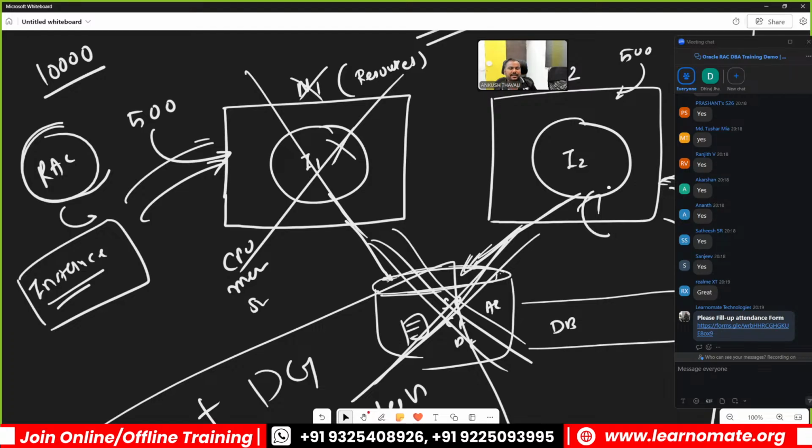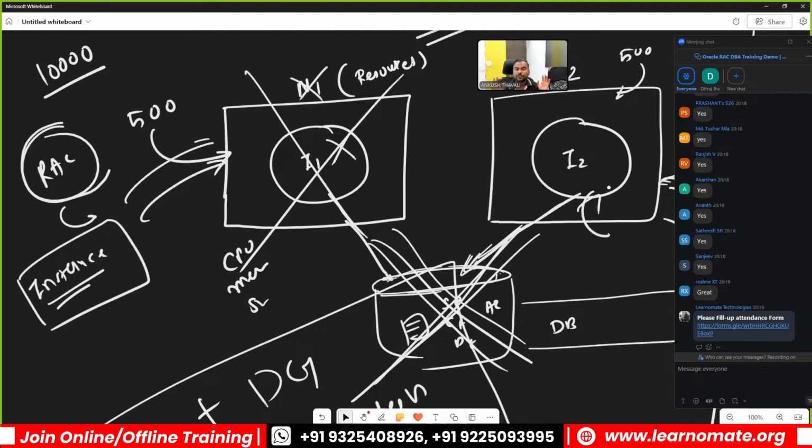That is the reason I'm telling you it's not just about high availability, it is about load balancing also. Earlier I had only one person who does everything for me, and if that person is gone, my work stops. But now I have two people. One person used to take 10 days, now with two people working together the same work can be finished in 5 days.